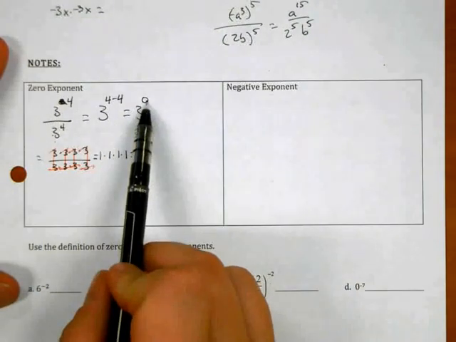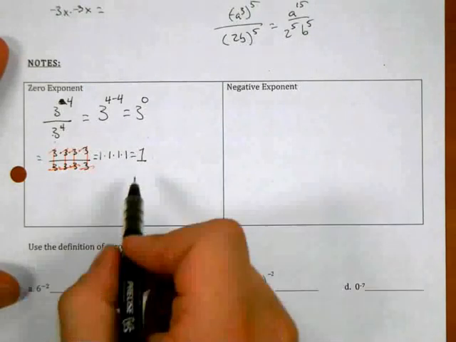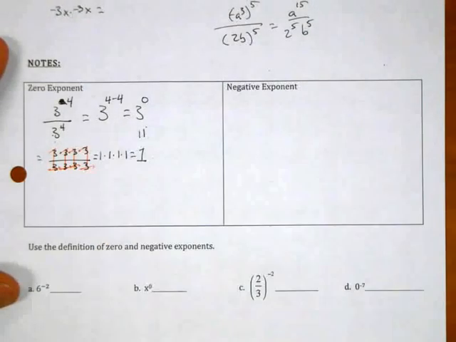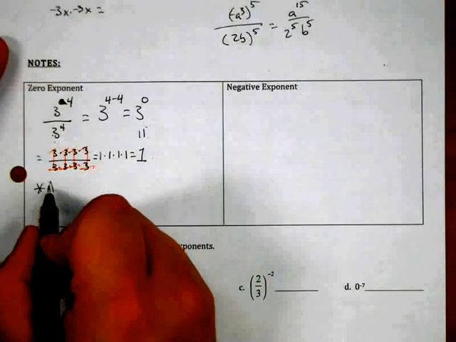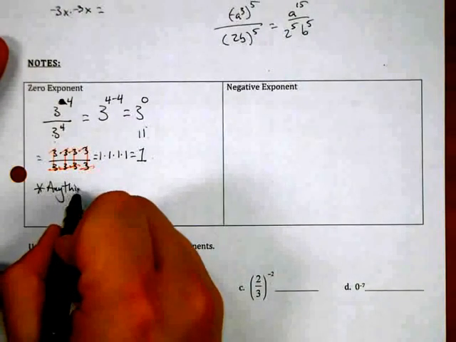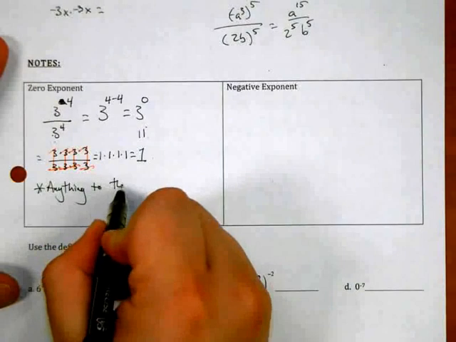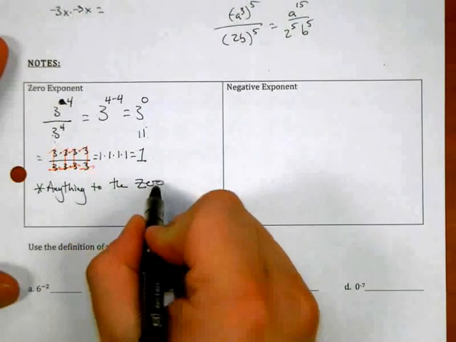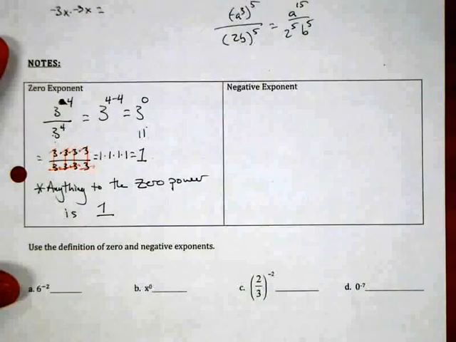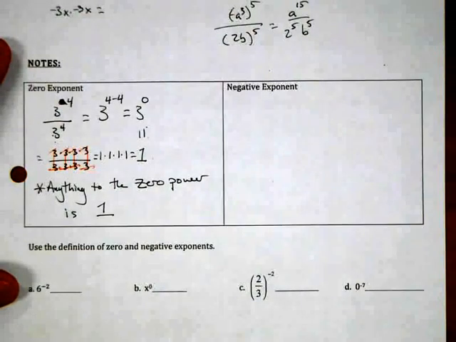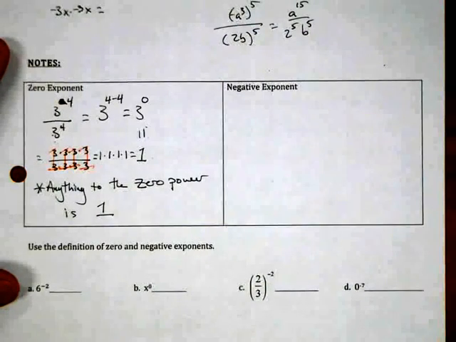Or if you use your exponent rules, you get a 0 exponent. So these two things are equal to each other. In fact, our rule here is that anything to the 0 power is 1. Whether it's a variable, whether it's a constant, anything to a 0 power is always 1.